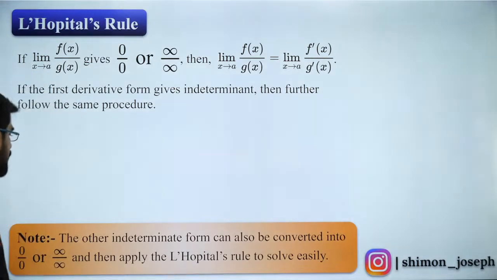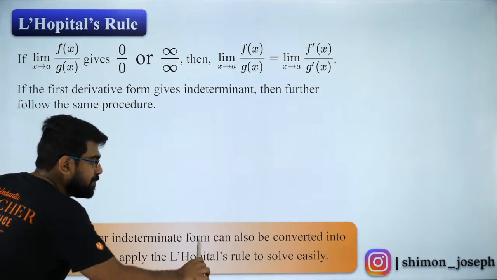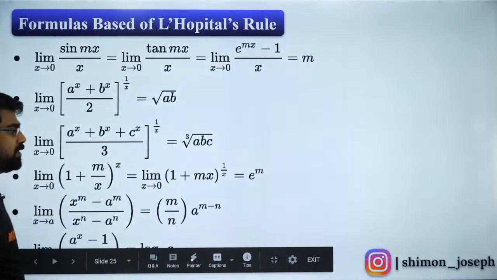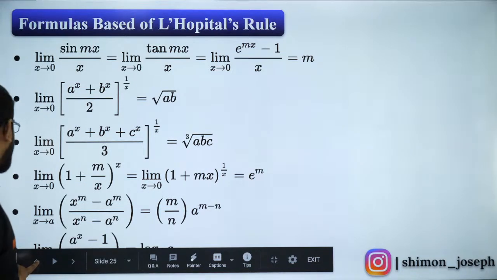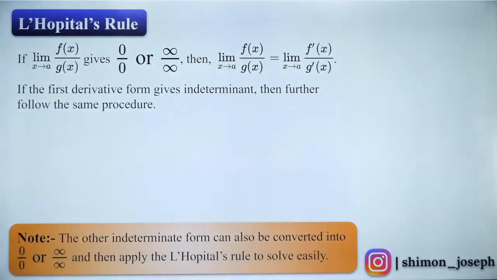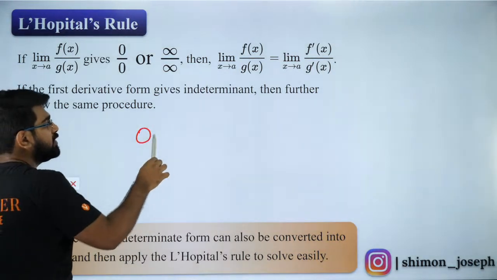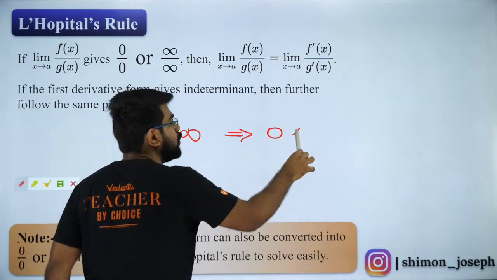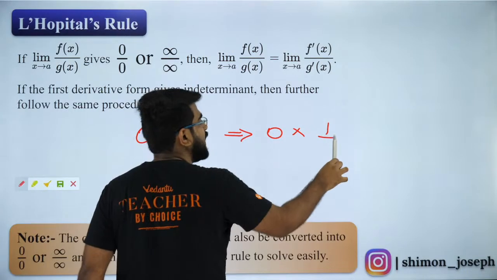Like I said, there are other indeterminate forms which can also be converted to L'Hopital form and then solved. For example, if you have 0 into infinity, I can write infinity as 1 by 0.